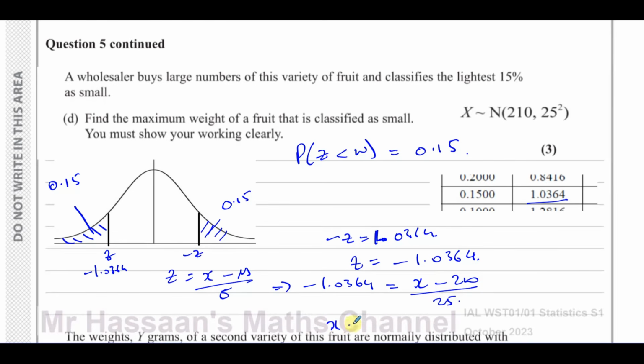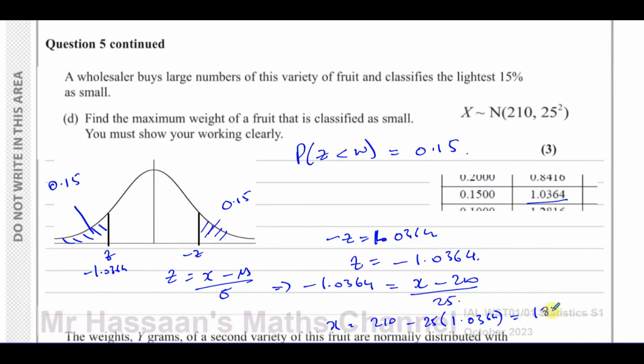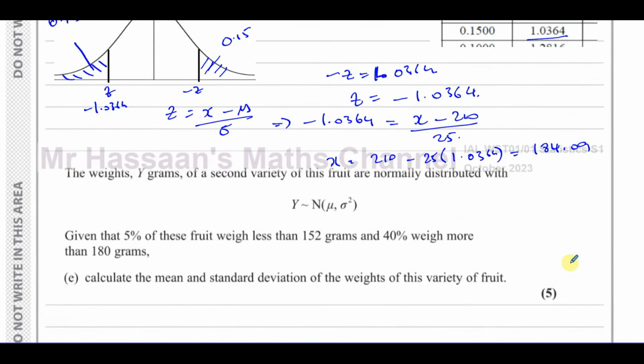So x is going to be equal to 210 minus 25 times 1.0364, and that will give us our answer of 184.09. You can leave it like that, or you can write it as 184. Both of those are fine. Okay, so there's the answer to part D.